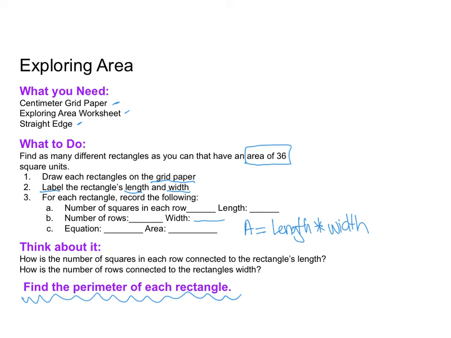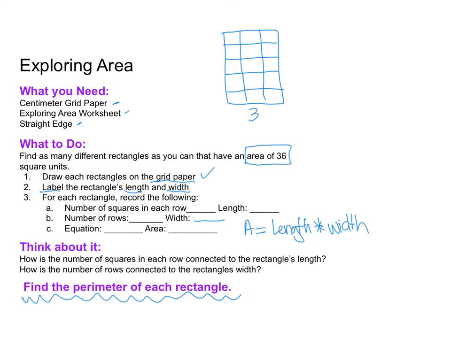Let me just demonstrate here. So if this was my grid paper, and I'm actually going to just show my grid because I don't have the paper on this one. So if this is the rectangle I drew, I need to draw the rectangle, I did that. I need to label the rectangle's length and width. So let's see how many squares in a row.